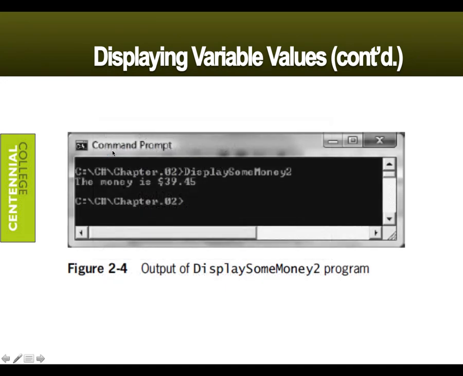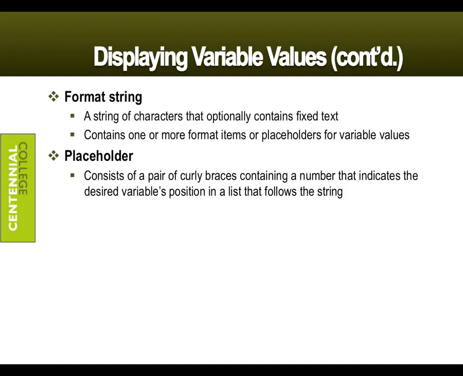So that allows us, in this particular case, to put the statement together. Okay, I want to format my string sometimes, and what I use is a format string that allows me to tell the compiler, when I send things to the console, the way my text is going to be arranged, if you will.